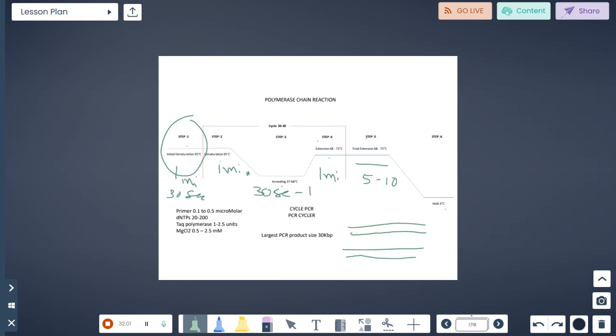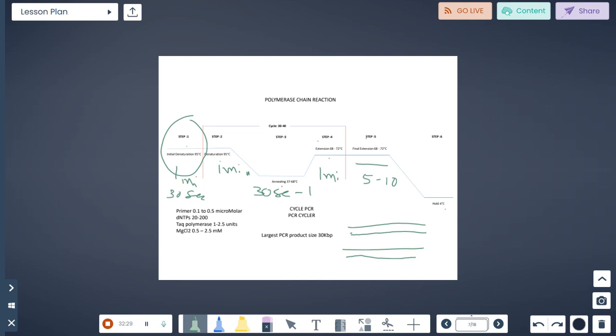So this actually determines, because when it is changing the temperature, the liquid inside the PCR tube will take some time to reach the block temperature. So the ramping should be in a manner that when the block temperature reaches 68 degrees from 95, the liquid inside the PCR tube also should reach 68 degrees centigrade.